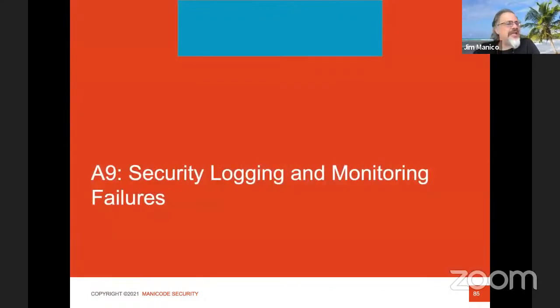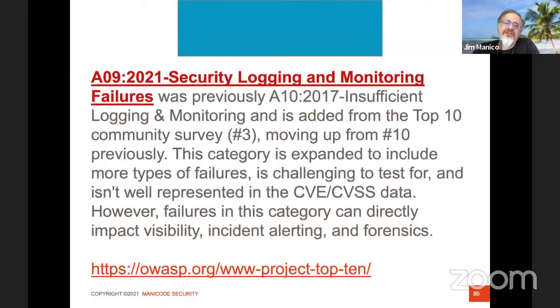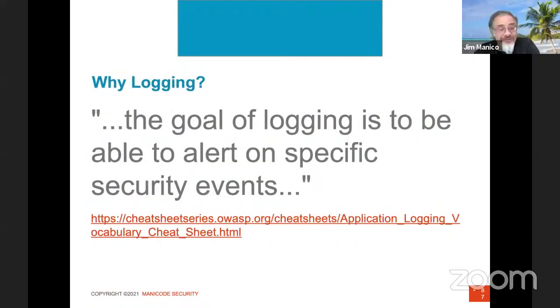A9 is security logging and monitoring. This was voted in by the community, and I think this is very reasonable. You should be doing security logging so we can identify security events to our SOC team. The goal of logging is to alert on security events, end of story. And we have Nike Corporation in the US that donated this amazing cheat sheet, the Application Logging Vocabulary Cheat Sheet.